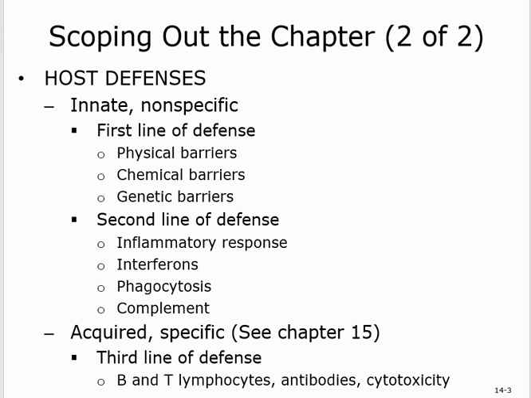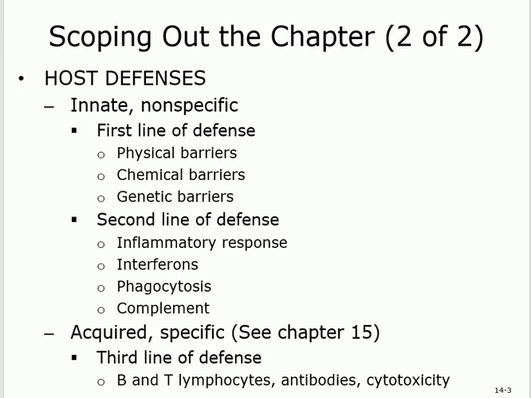The second line of defense is if something gets in, what are we going to do? If it skips or crosses the first line, we have the second line. The second line is still non-specific. Is that clear enough? Still non-specific. The only thing that's specific, which we're not even doing this chapter, is the third line, which is the T cells and B cells and their products that we will discuss later.